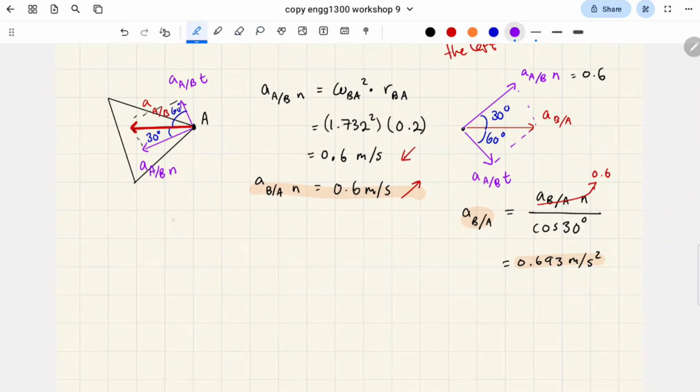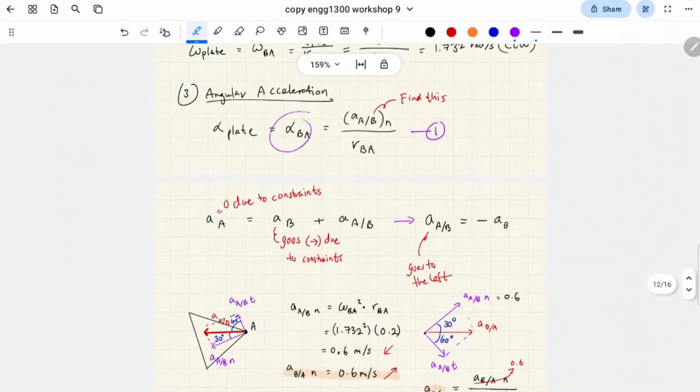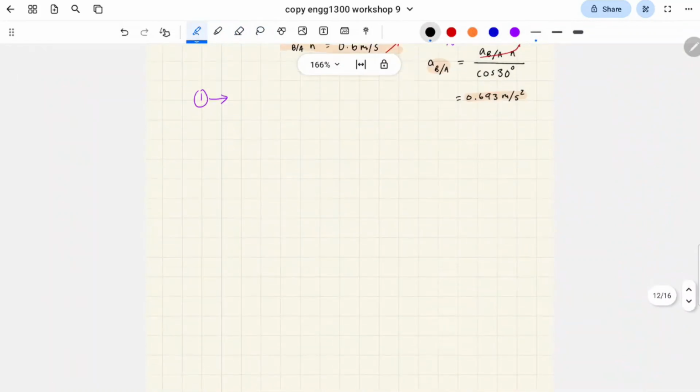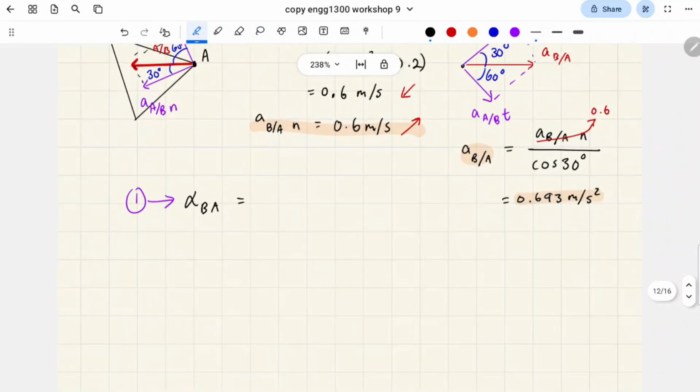So basically, returning to that equation which I stored earlier, which is what they were asking for, the angular acceleration. Let's plug in this.